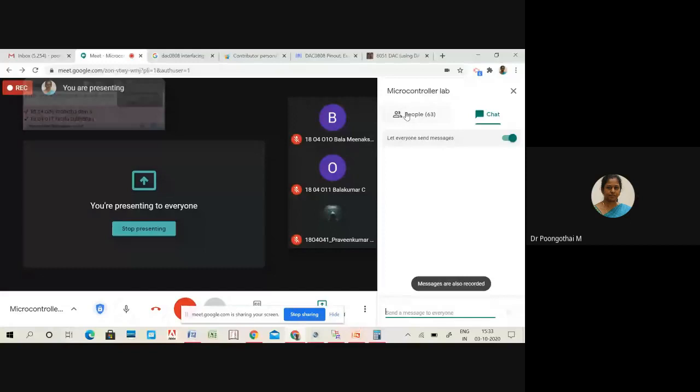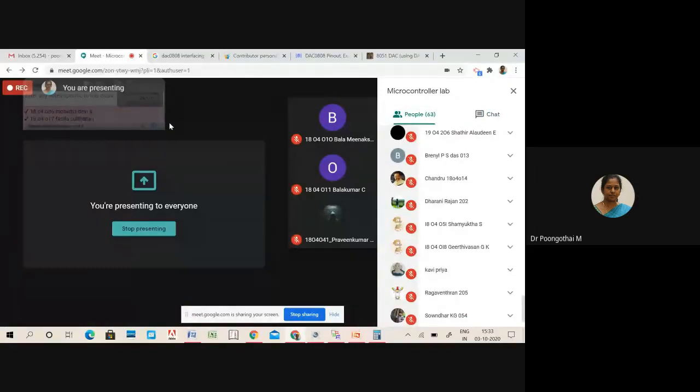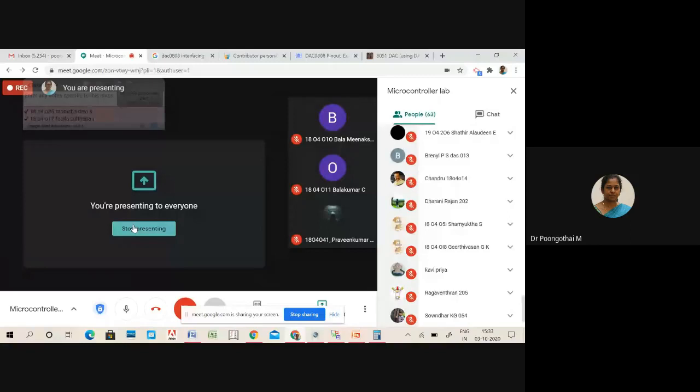So our next lab experiment is analog to digital converter. In today's lab class, we are going to see how to interface 8051 with the 0808 ADC, analog to digital converter.